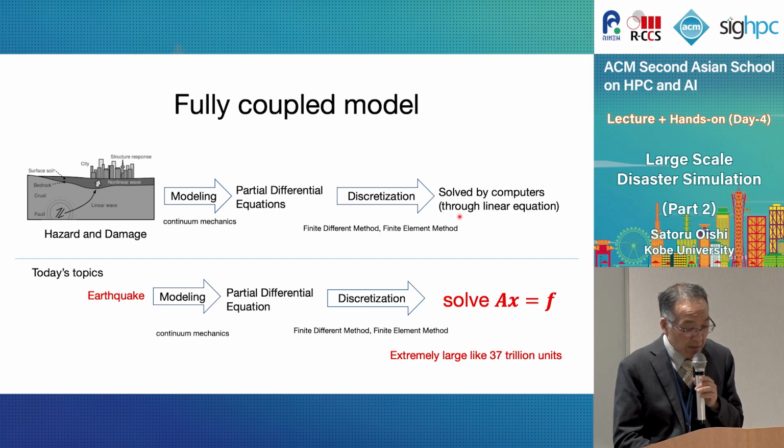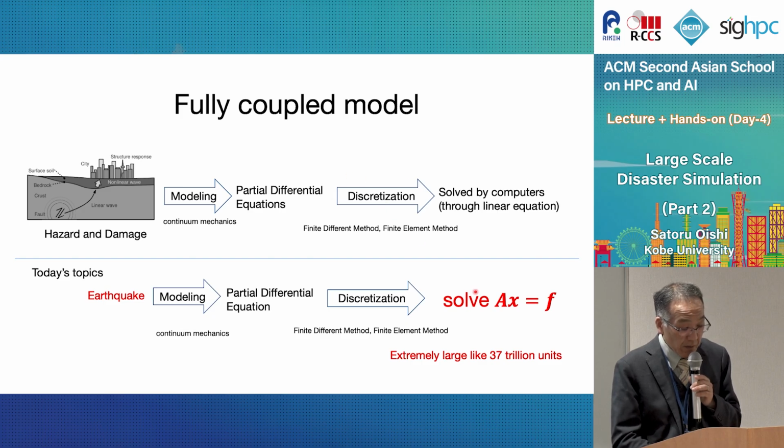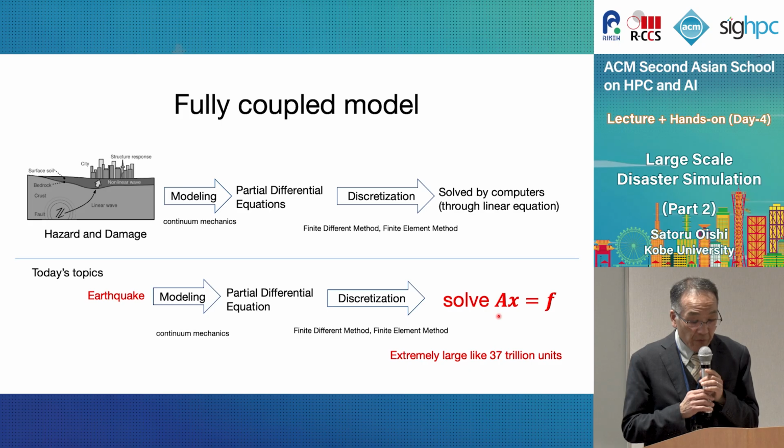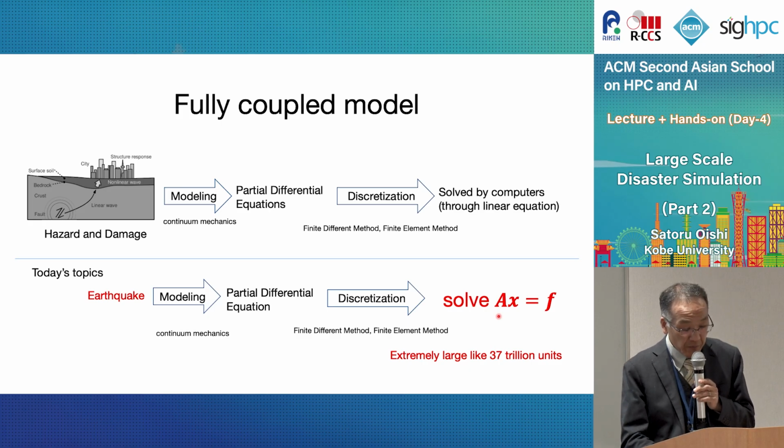And then after the discretization, the formula becomes this shape: matrix, vector, and vector.